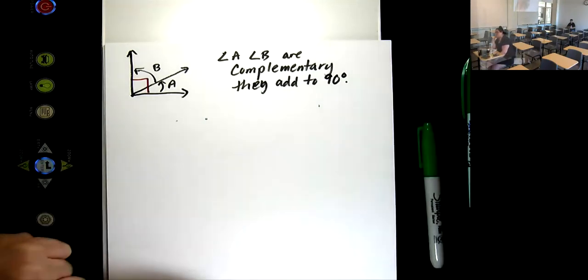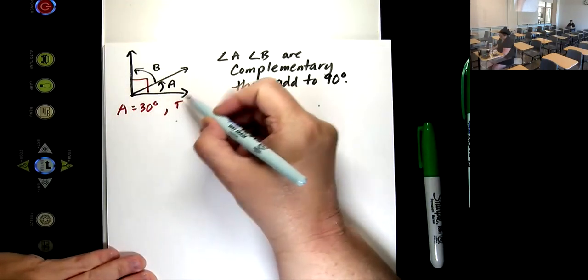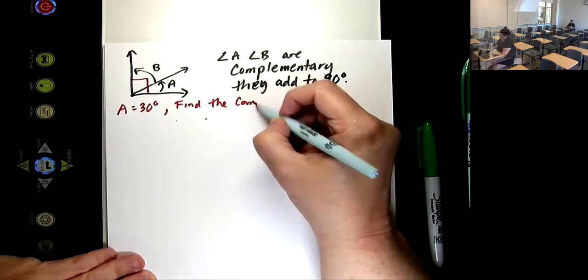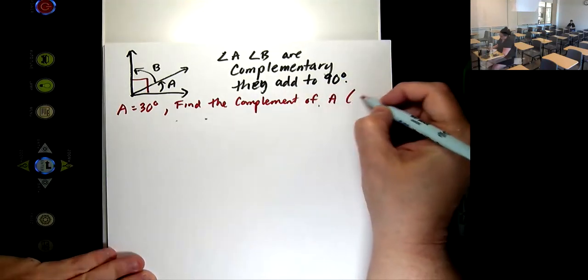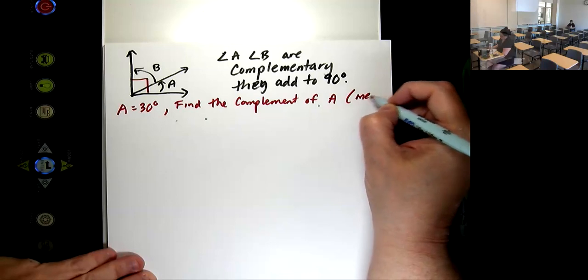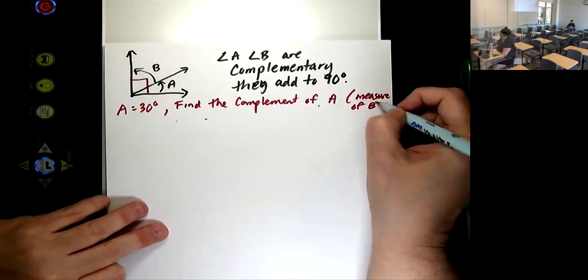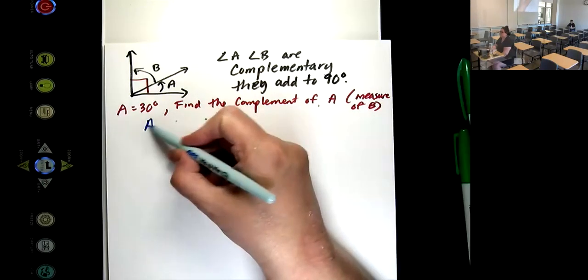So if we know, like say A is 30 degrees, find the complement of A, which in this case is the measure of angle B. The way you go about doing it is we know A plus B equals 90.